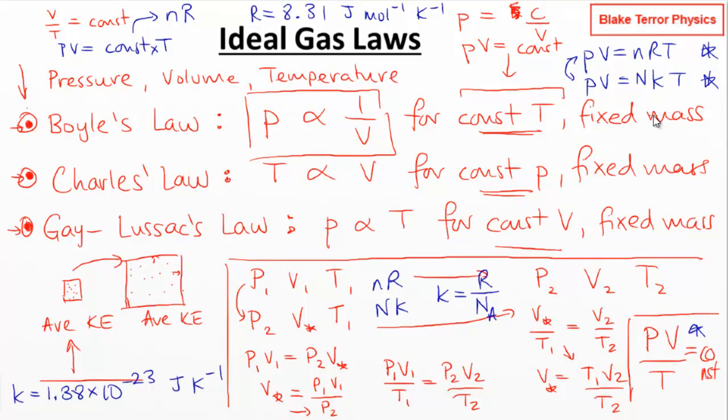So that's what I want to push on to in the next video, by looking at the microscopic underpinnings of these three macroscopic laws, and then what more that can tell us about the kinetic energy of individual particles inside the gas.